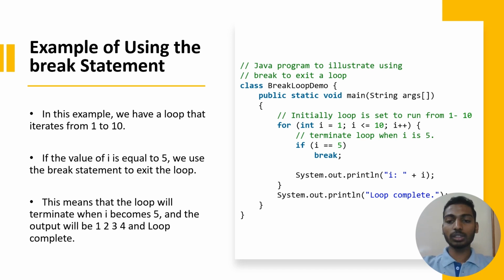If i is equal to 5, then we use the break statement to exit the loop. This means that the loop will terminate when i becomes 5, and the output will be 1, 2, 3, 4, and then the loop completes.